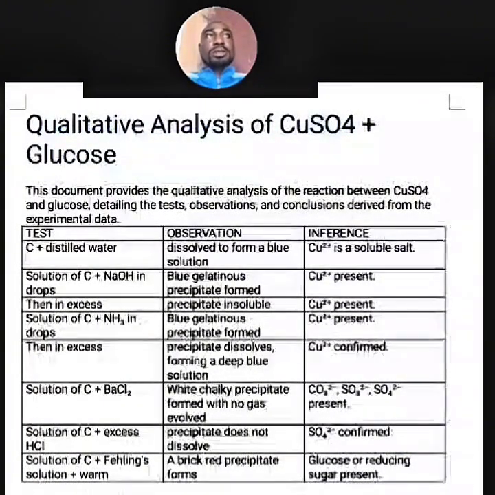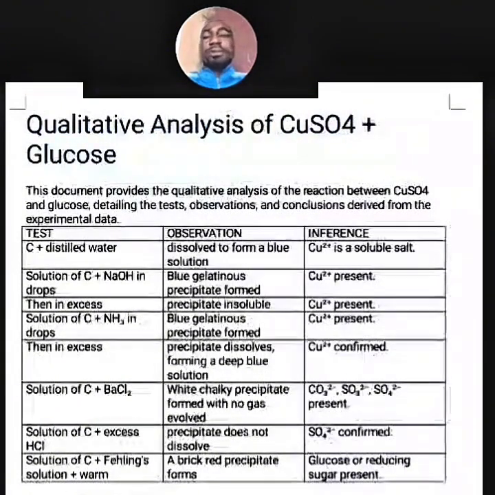This is the simplest form of sugar. We sometimes use Fehling's solution to confirm the reducing sugar. So your examiner might give you all these to confirm, or he or she might pick some of these questions for you to confirm.